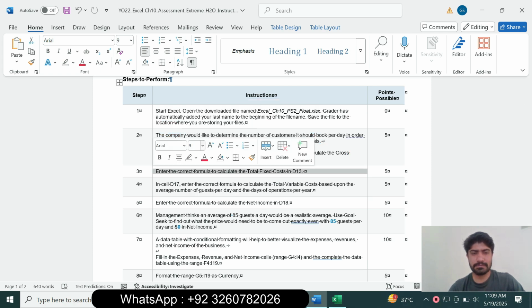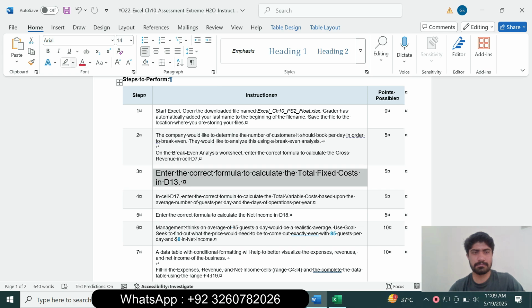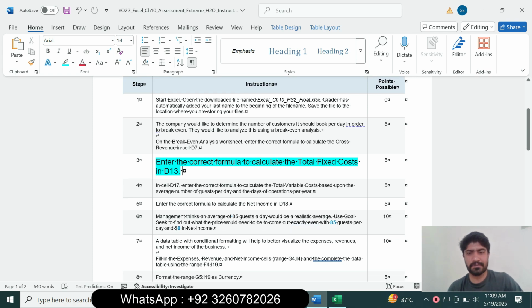Question number 3 is to enter the correct formula to calculate the total fixed cost in D13. So enter the formula to calculate the total fixed cost in cell D13.